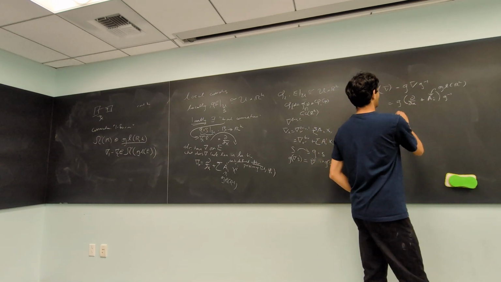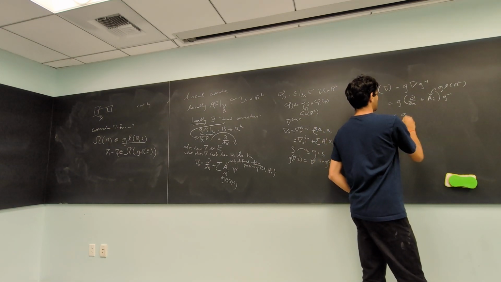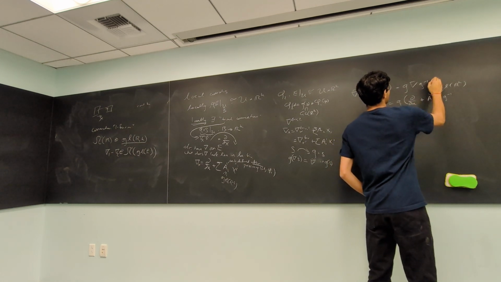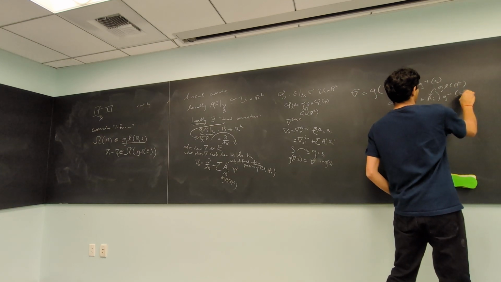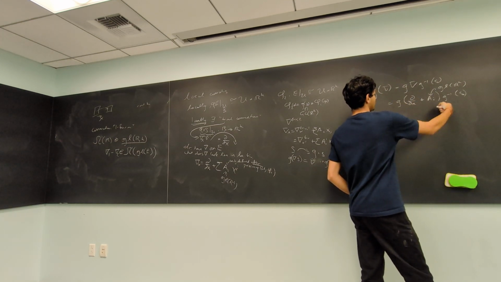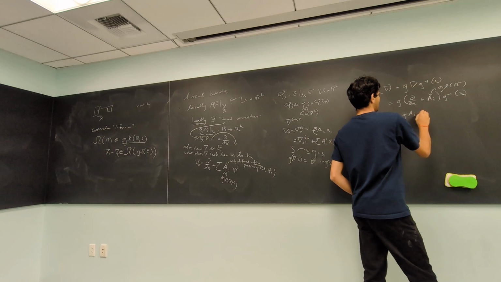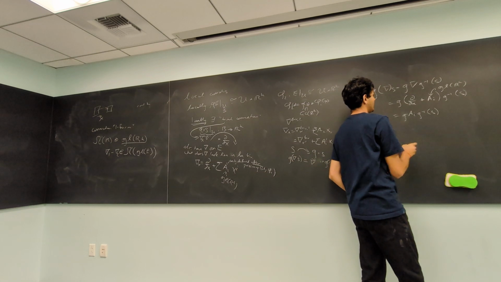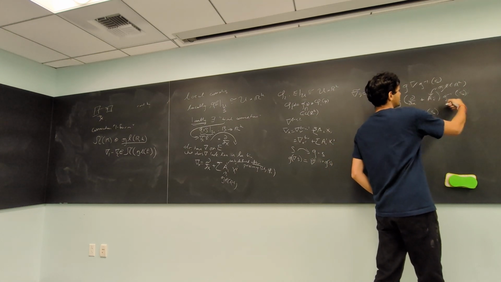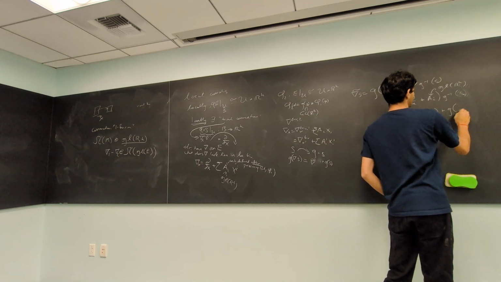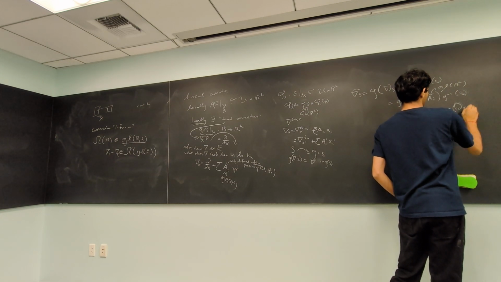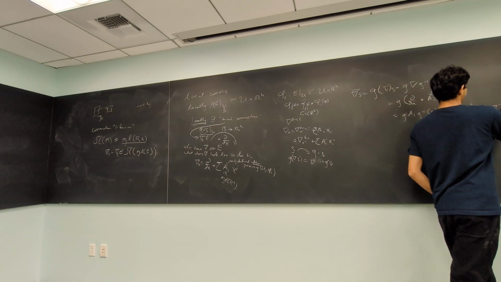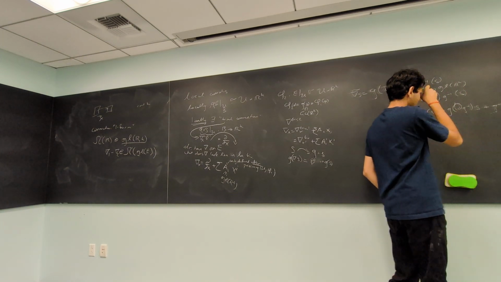And so what this becomes is, if we act on some section s, then the A_i term is just going to be g A_i g inverse acting on s. But then for this term, you have to apply the product rule, right? So it becomes g partial of g inverse times s plus g inverse partial s.